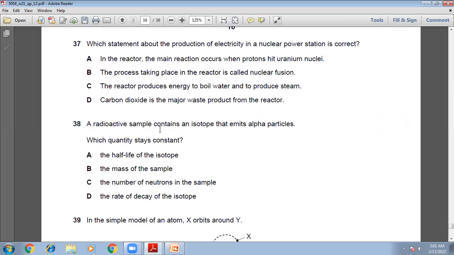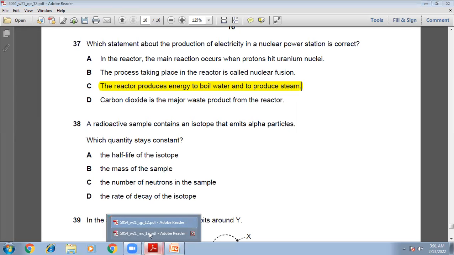The process taking place in the reactor is called nuclear fission. The reactor produces energy to boil water and to produce steam. That is true. That is the basic function. Carbon dioxide is the major waste product from the reactor. That is wrong. So I think C is the right answer.